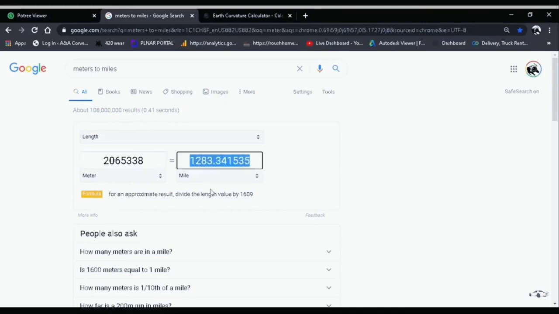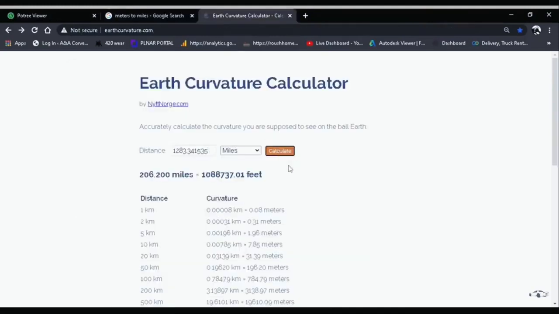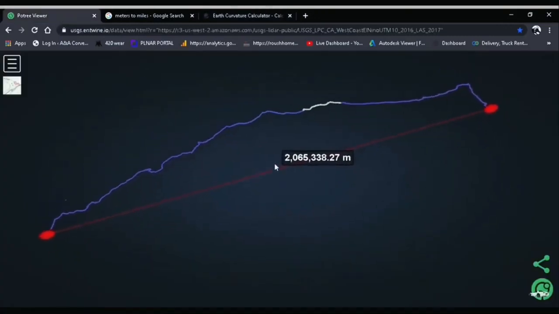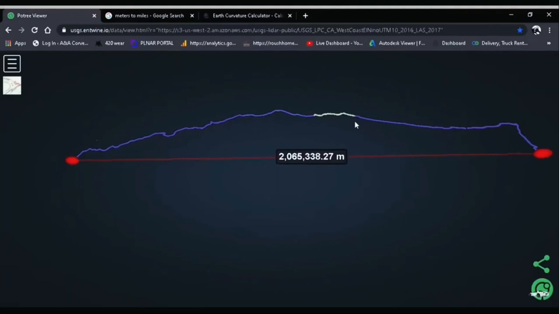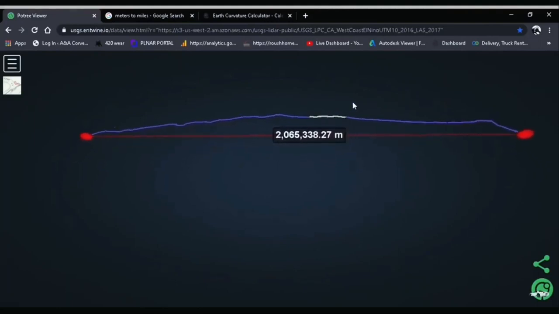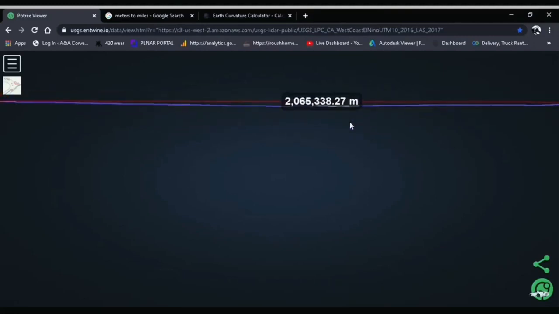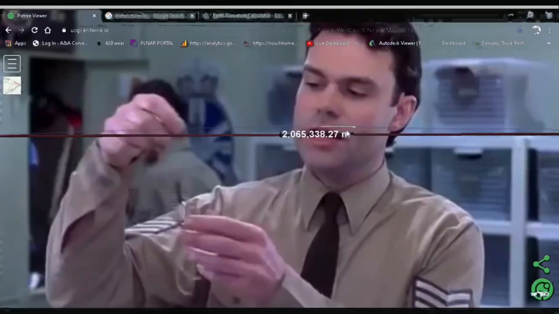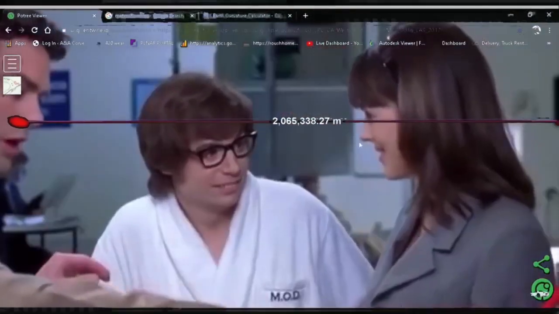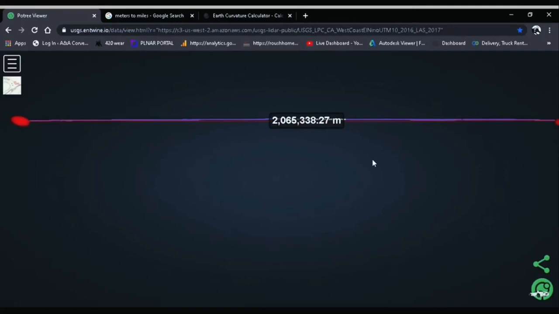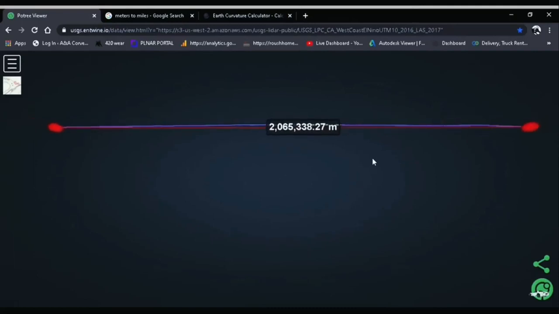Okay, so let's see how much curvature. 108,000, almost 109,000 feet, or 206.2 miles. So 206 miles should be visible from the side. So let's have a look-see. It should be a very easily detectable crown. But no, look, pixel for pixel, it's straight across. Straight as an arrow, perfectly straight. Flatter than a pancake.